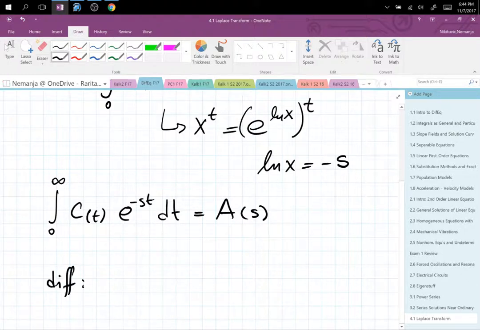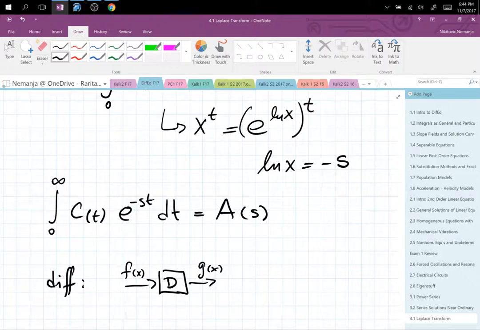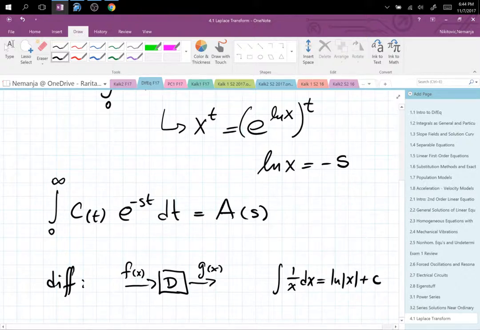Your differentiation is going to feed into the machine, the differential operator. You feed a function f of x, like x squared, and it spits out a different function, 2x. But the input domain was x, and the output domain is still x. Which is the reason why, every time, you don't say, oh, ln absolute x.